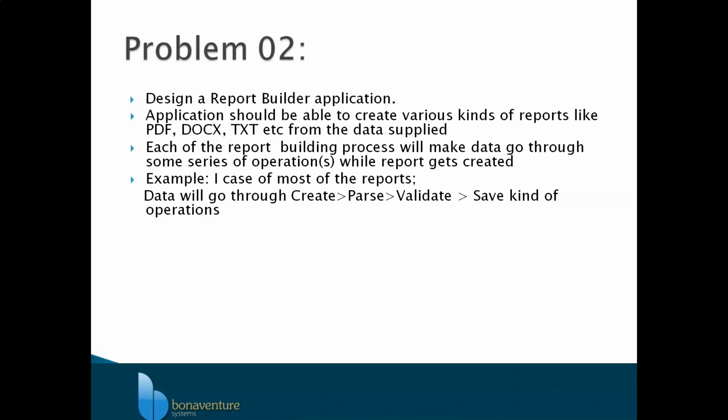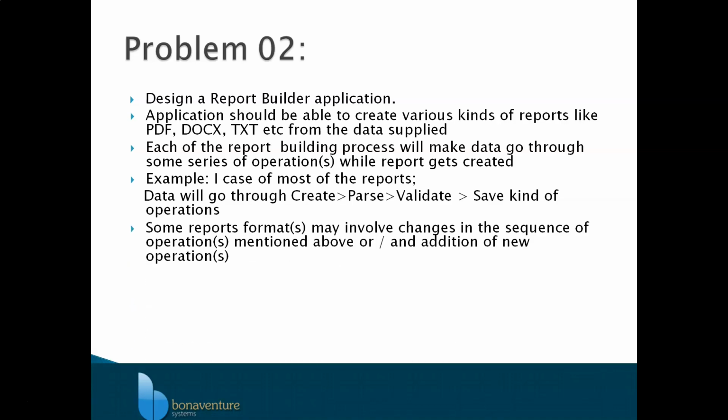If you notice, all these operations are supposed to be in some sort of sequence. Now these are common operations in sequence specifically for PDF, docx and txt, but there can be certain cases wherein we may need some extra functionalities in certain report types.